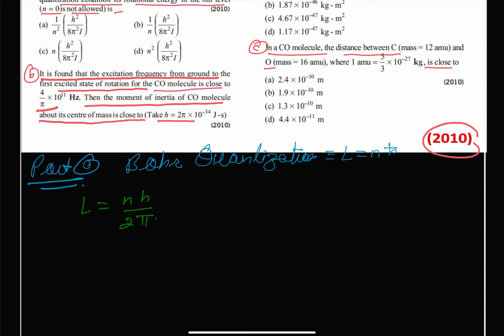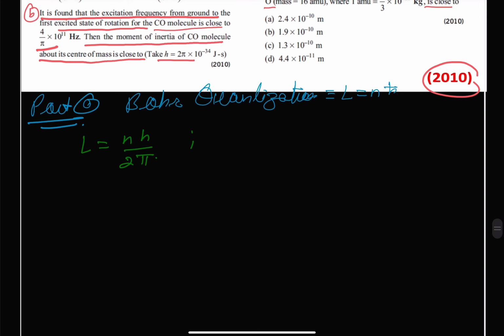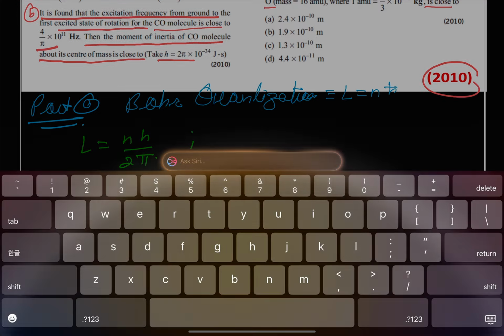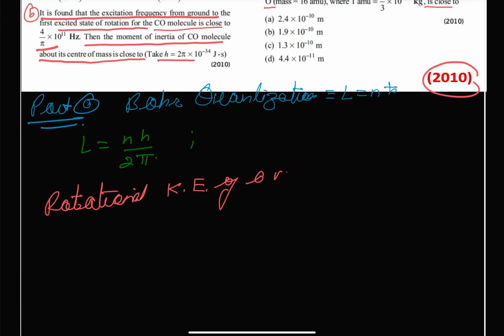And we also know that rotational kinetic energy of a rigid body, if that is given as E, then this E will be equal to L square upon 2 times I.